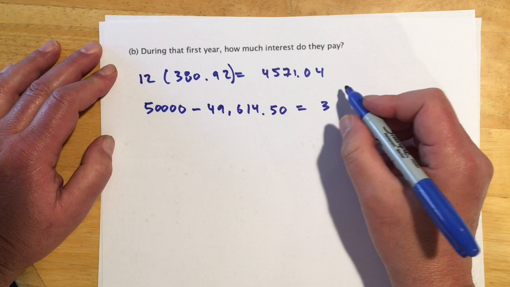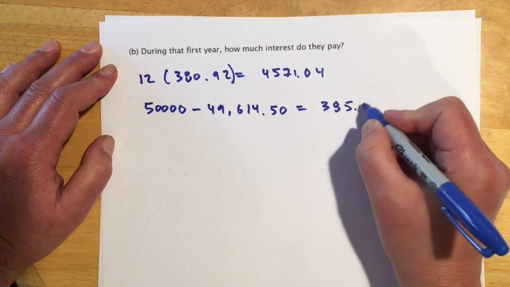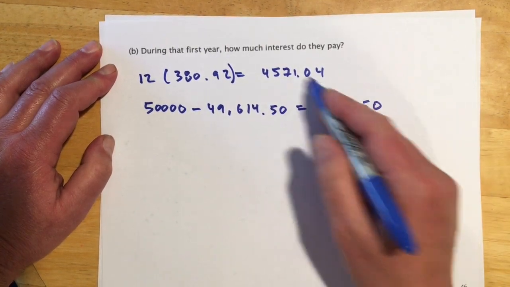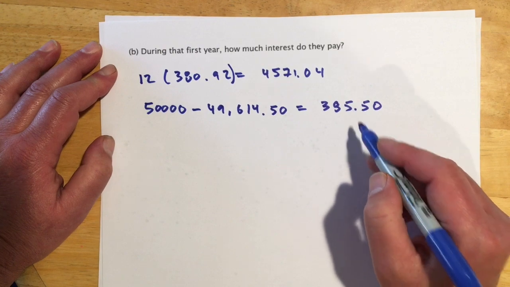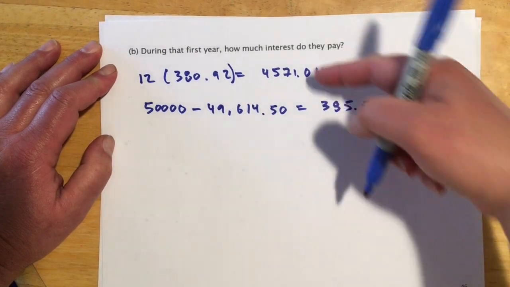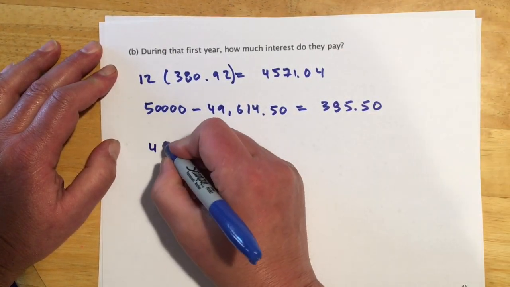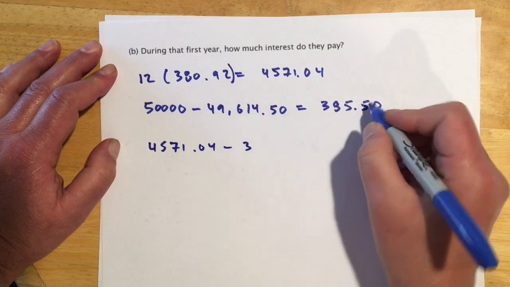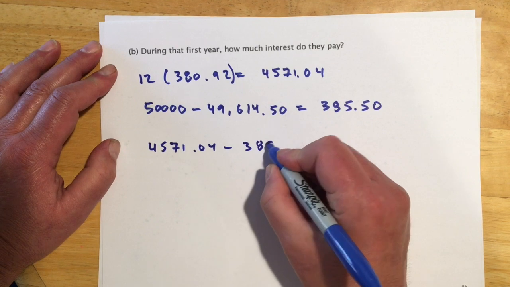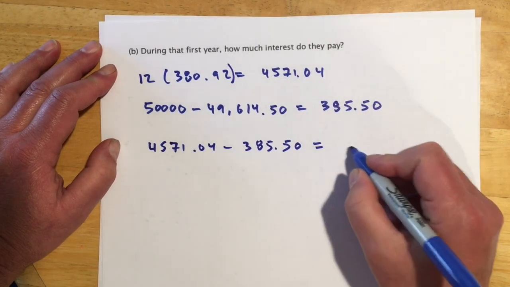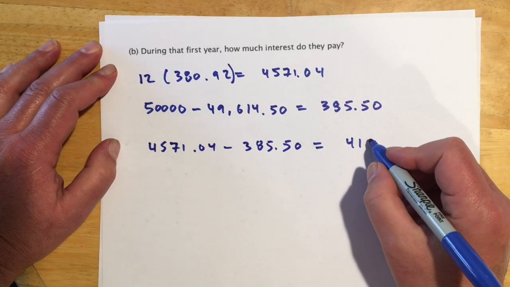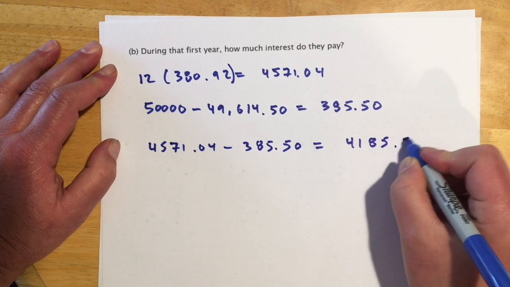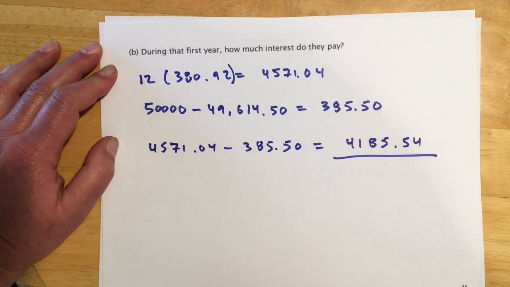So that means their principal in the first year is only $385.50. So of all that money they paid, that's how much actually went to paying off the loan. So then their interest is going to be the difference on that. So how much they paid minus the principal, how much actually went to paying off the loan, and then $4,185.54 is how much the bank made.